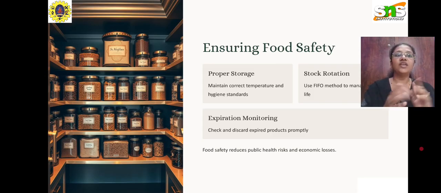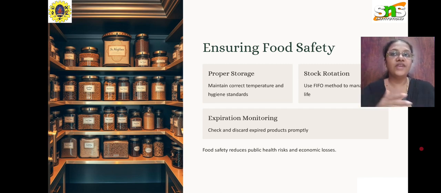Next is the rotation of the stock. We have to look at whether the food that comes in goes out promptly, so that we manage the shelf life in such a way that it gets extended.